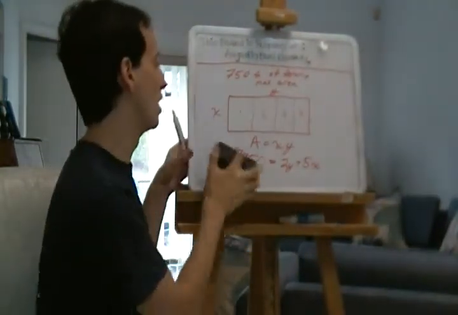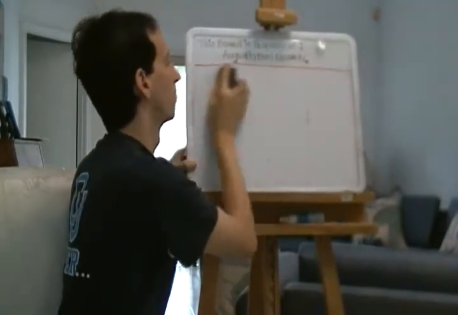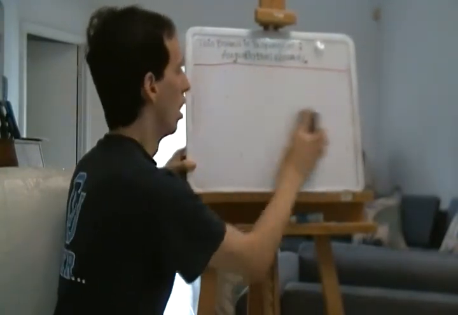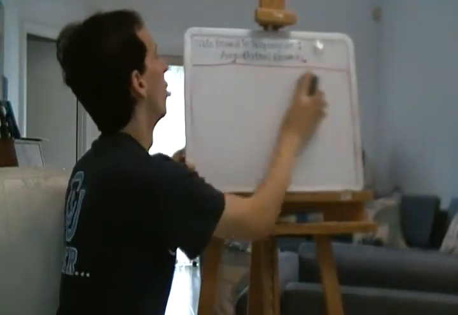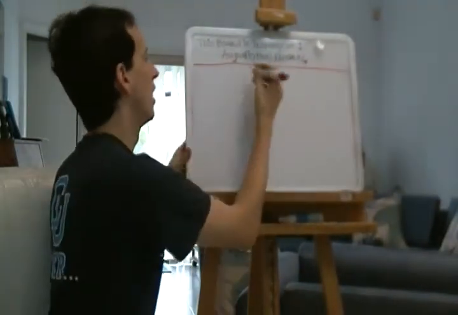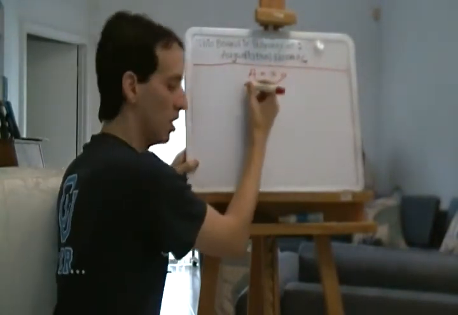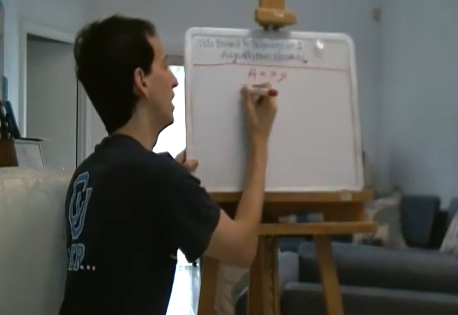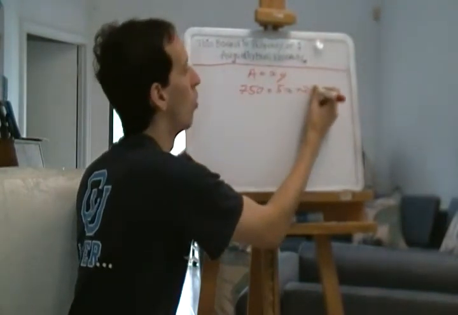So let me erase some of this, and we'll start working with that equation. Remember, we want to find A equals xy. But we know now that 750 equals 5x plus 2y.